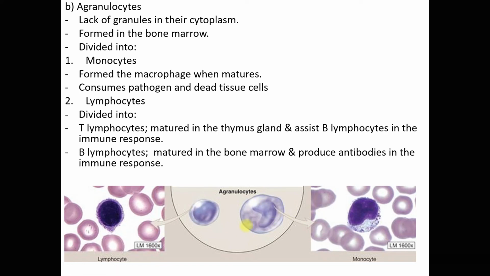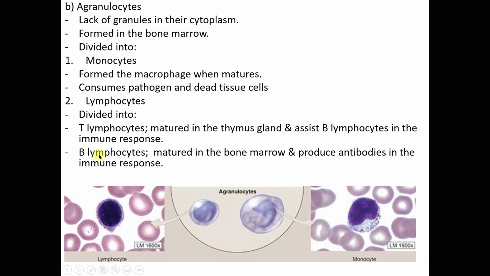Now, lymphocytes, on the other hand, are another type of agranulocyte, and lymphocytes are divided into T lymphocytes and B lymphocytes. T lymphocytes mature in the thymus gland and assist B lymphocytes in the immune response, or to be more specific, in the humoral immune response.